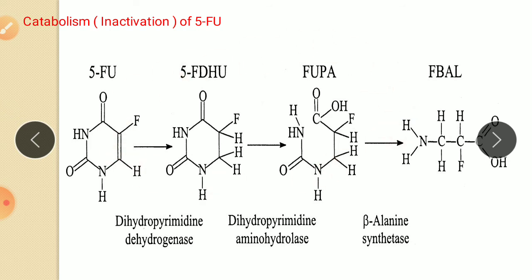Only 20% is used by the body as an anti-cancer drug for its mechanism of action. So whatever dose of 5-fluorouracil you administer, only 20% of the drug is responsible for the anti-cancer effect. 80% of the drug follows this inactivation pathway.